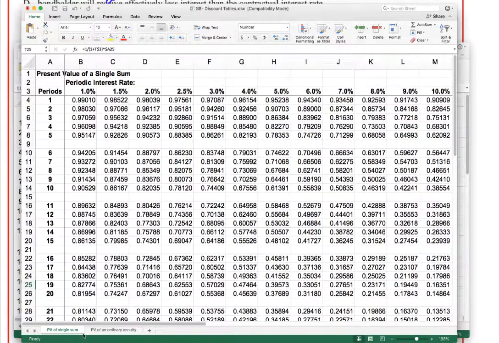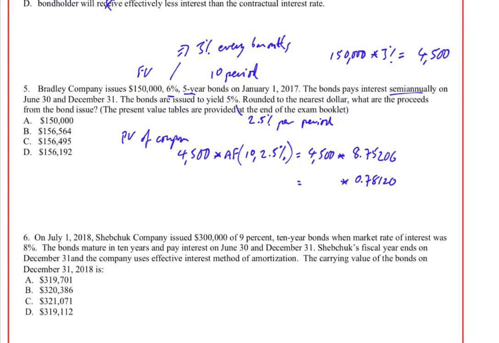And so go back to the slide. So we said 4,500 multiplied by 8.75206.